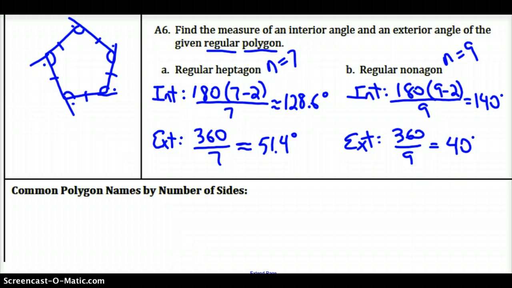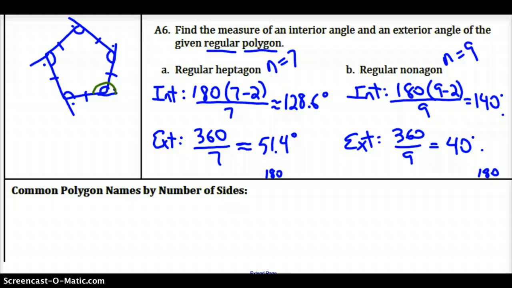Little side note here, if I take the 140 plus the 40, I get 180 degrees. So we can tell again from our little sketch of a regular polygon that these two will in fact always equal 180 degrees, a linear pair.